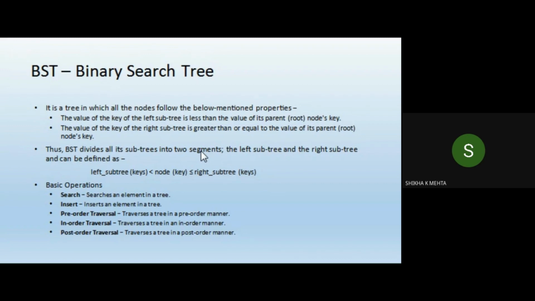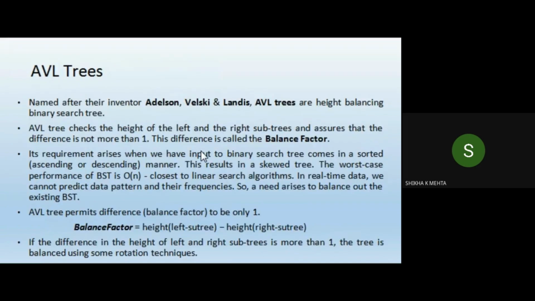There is an algorithm which can be used, which improves the worst case time complexity of the binary search trees. The worst case time complexity arises in the binary search tree when they are totally unbalanced. So it may be a complete left tree or a complete right tree, right?